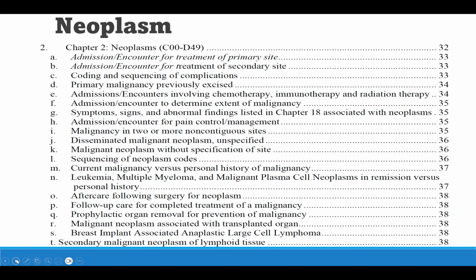When you're in the tabular list, there's no little note that says, oh, go to the chapter specific instructions. You've got to know that they exist. You've got to have an idea of what the guidance in them contains. You don't have to remember word for word, but you should understand that they exist, and you should know when you need to refer to them to get the very specific guidance that's contained in them, right?